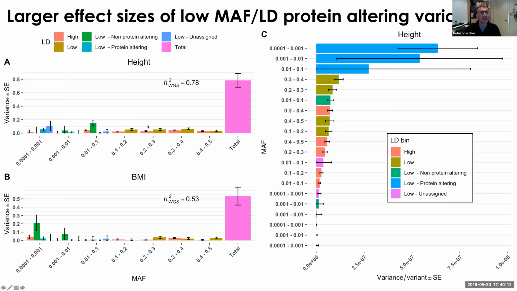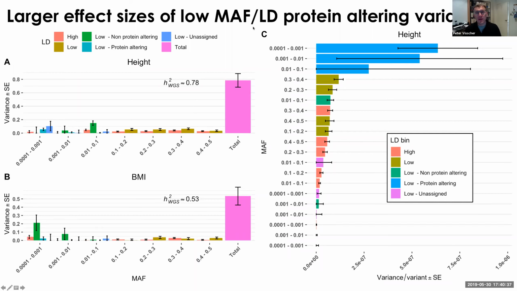You could say, well, this looks essentially no different to before, so what could I conclude from that? What's crucial is that some of these bins have a very different number of genetic variants in them. For example, there's relatively few coding variants that change a protein in these data.